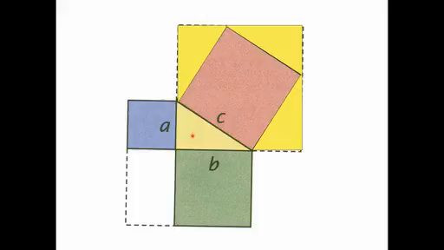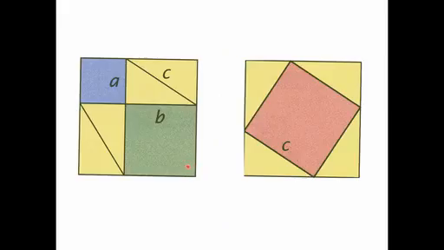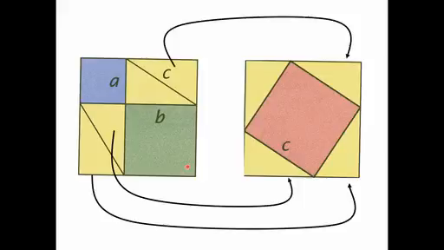Now if we take those triangles and we move them down into this other part, you can see again we have those same 4 right triangles. This one didn't move. And now instead of the red square, we have the blue square and the green square. So here they are, both of them. You can see we've just taken those triangles and moved them over.